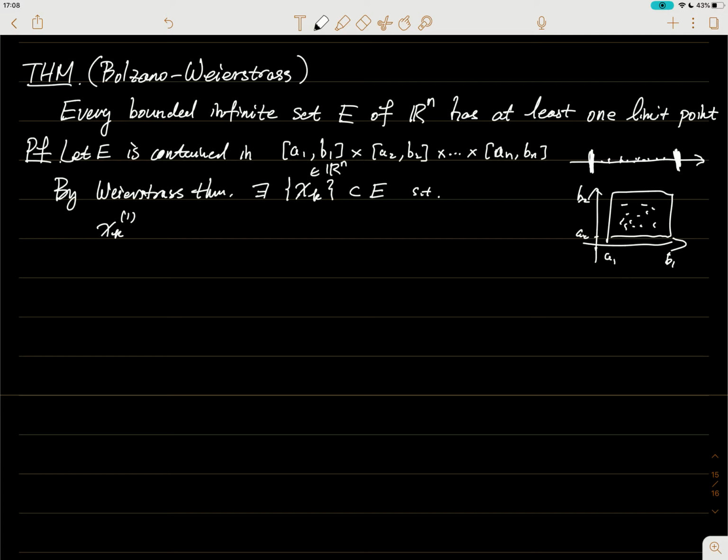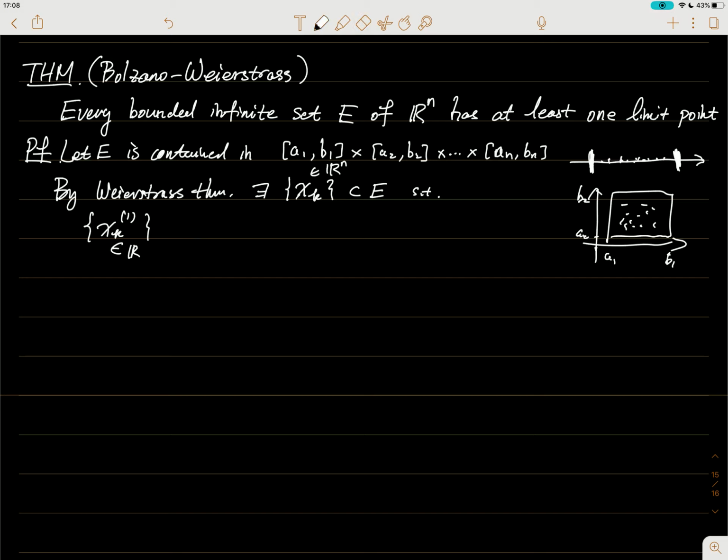The x_{k1} means the first component of x_k. Okay, and this will form a numerical sequence. So this will be a real number only, and I know that they will belong to [a1, b1], since they belong to the interval a1 to b1.